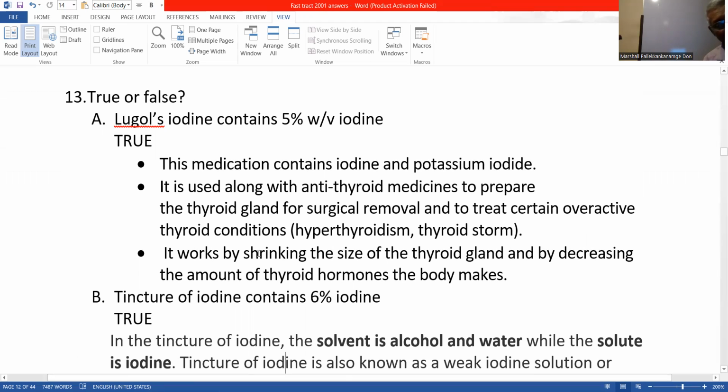Then thyroid storm is the last stage of hyperthyroidism. The patient gets very badly affected. It is a life-threatening situation. Also this solution is given to patients before thyroid surgery, to shrink, that is, bring down the size of the thyroid.